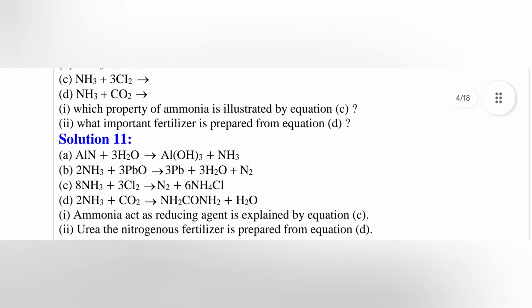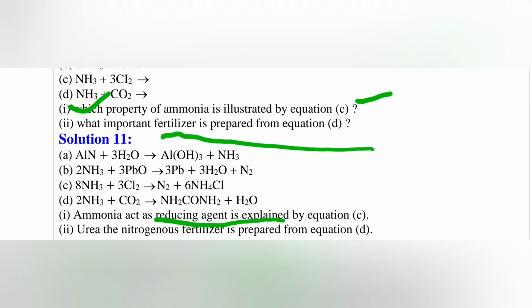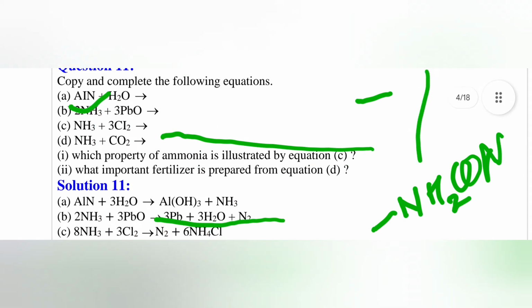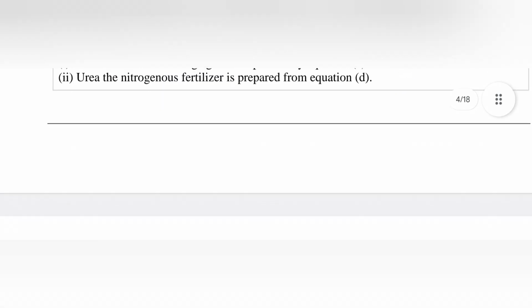Which property of ammonia does equation C illustrate? In equation C, ammonia acts as a reducing agent, and in the fourth equation, the important nitrogenous fertilizer urea is formed. Its formula is CO(NH2)2. This is a very important fertilizer.